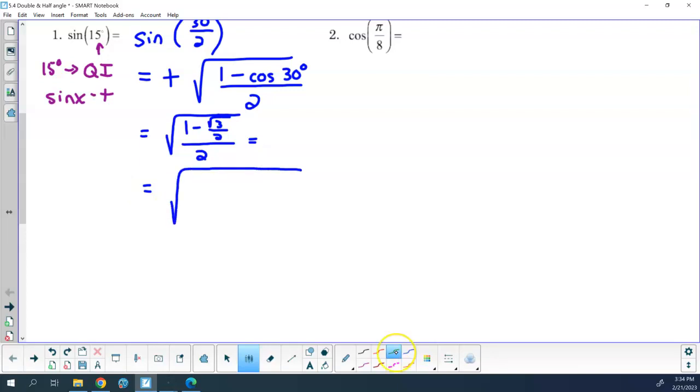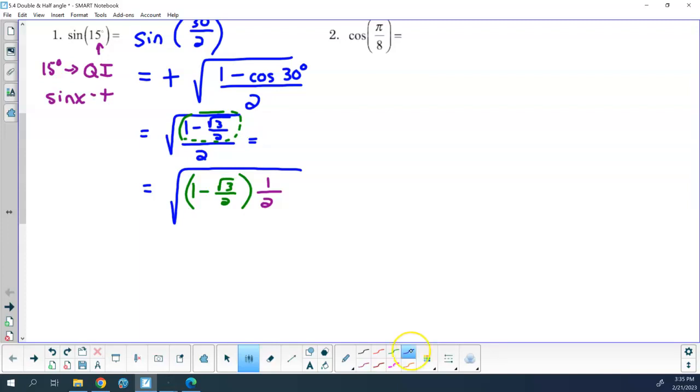And now what I've got inside the square root is 1 minus the square root of 3 over 2. That's my top up here, and that's going to be divided by 2, which means that whole thing is going to be multiplied by 1/2.